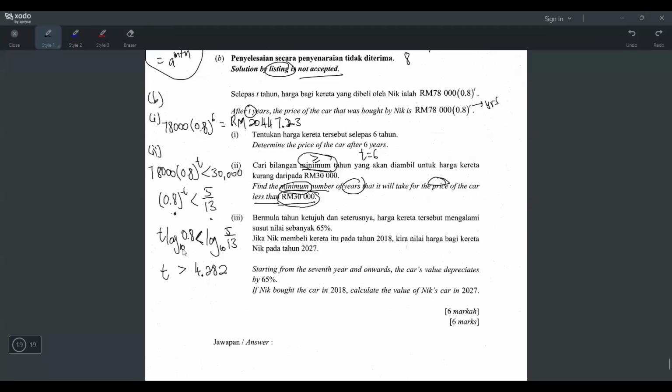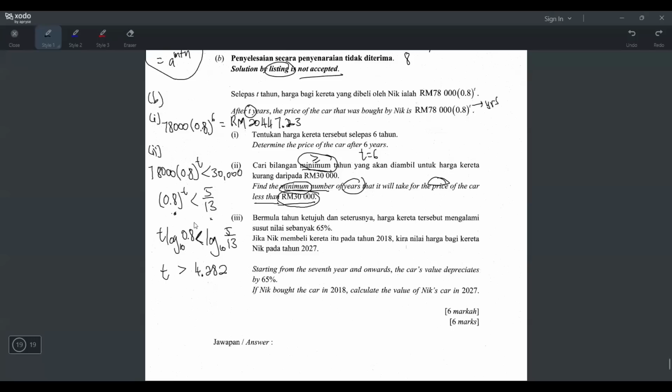Okay, some of you might ask me, hey sir, mana ada saya bahagi negative? I never divide negative, I divide log 0.8. If you press log 0.8 in your calculator separately, trust me, you will get negative. Because when you tekan log 0 point anything, you will get negative. As long as it's 0 point something, you tekan log, you confirm get negative. So when you see log 0 point something, mesti keluar negative.